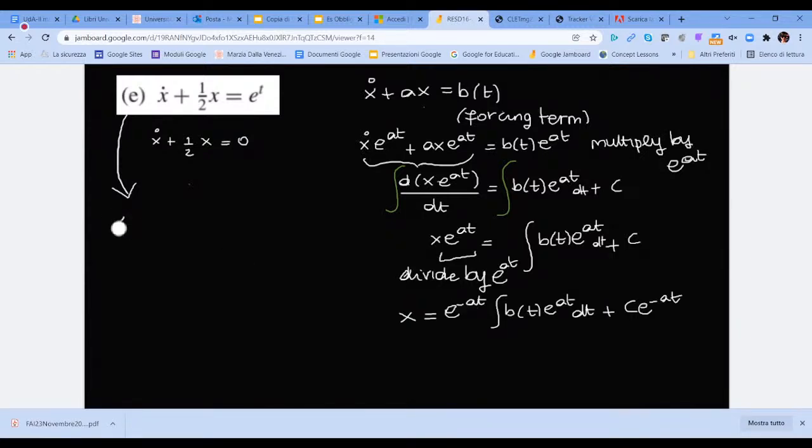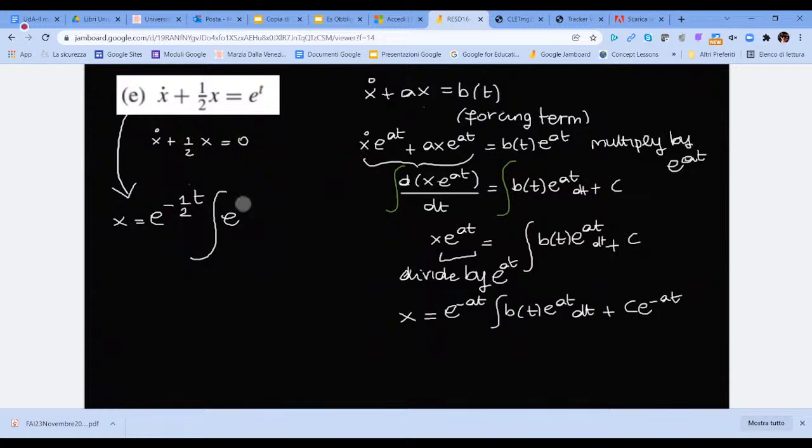So let's take x and write down the solution. What is a? A is 1/2. So we have e to the minus 1/2 multiplied by t, and then integral of b of t.